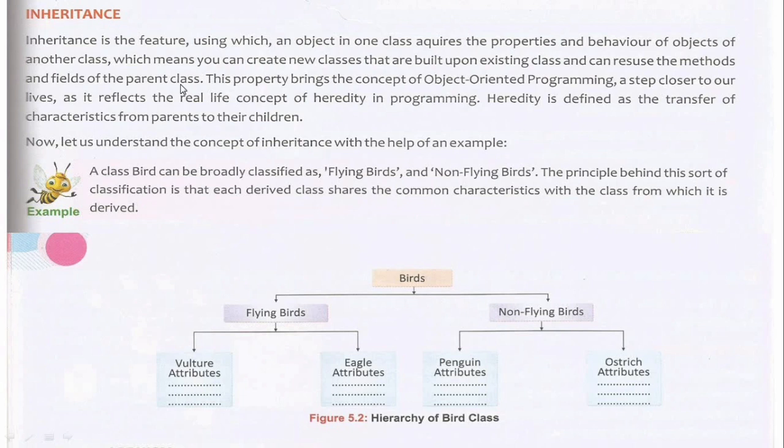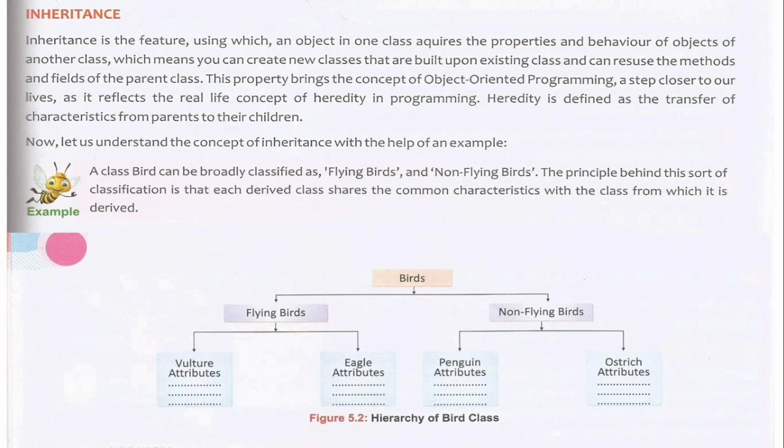Let me explain it in very simple language. This property brings the concept of object-oriented programming a step closer to our lives, as it reflects the real-life concept of heredity in programming.